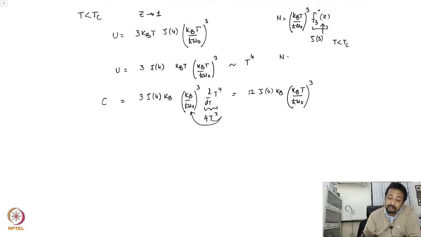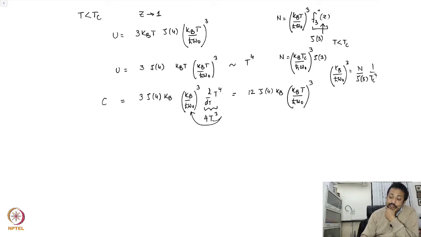So that N is equal to kBT over h bar omega naught whole cube zeta of 3, and at Tc we substitute. Therefore I can immediately see that kB over h bar omega naught whole cube is nothing but N over zeta 3 and 1 over Tc cube.